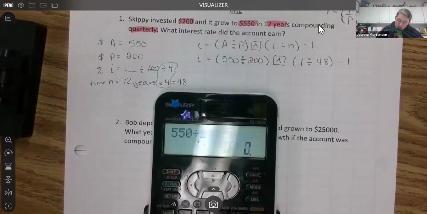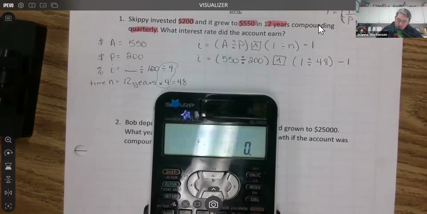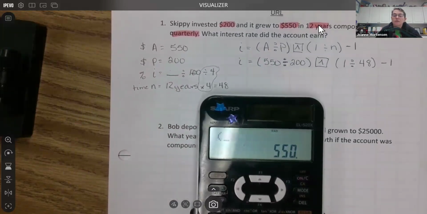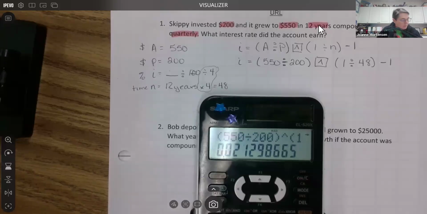Oops, use my brackets, just like I wrote it. 550 over, divided by 200, bracket, exponent, 1 divided by 48, close that bracket. That should be okay. Minus 1. Yay.